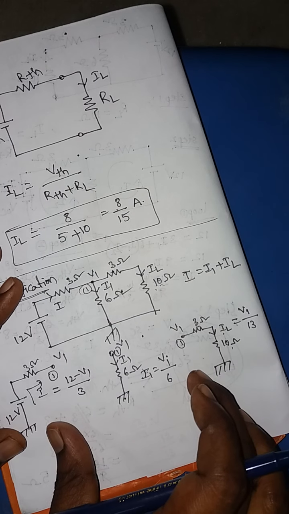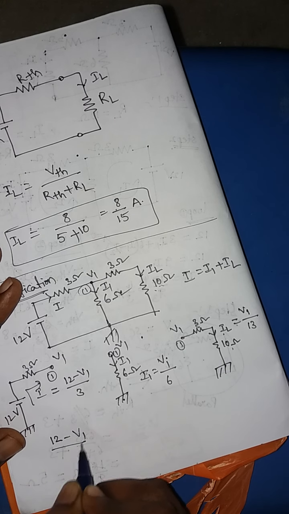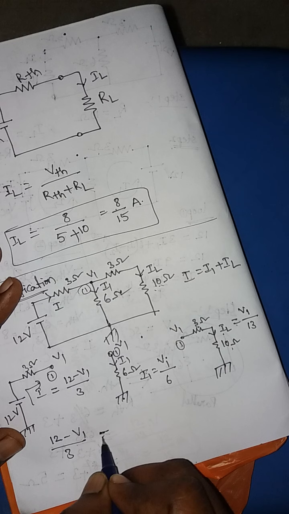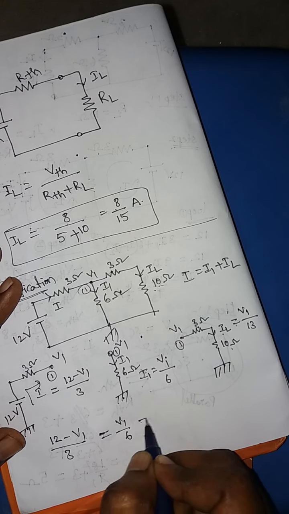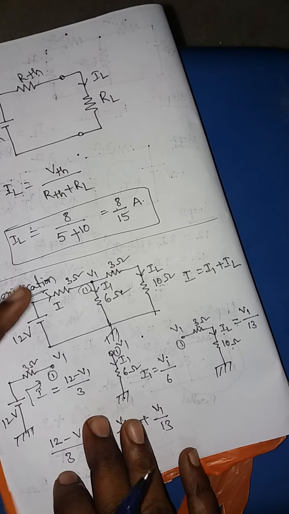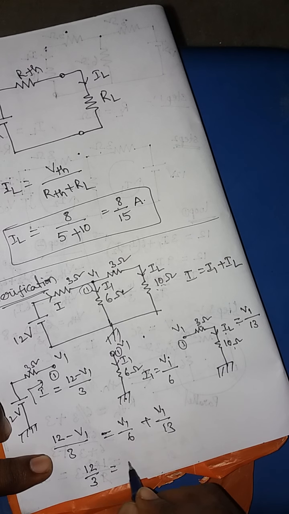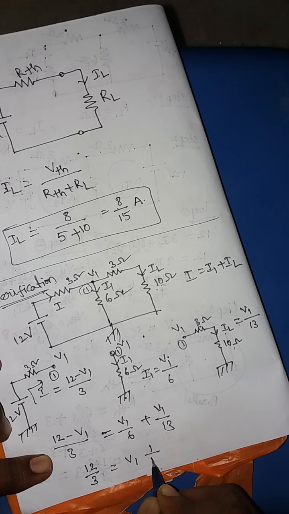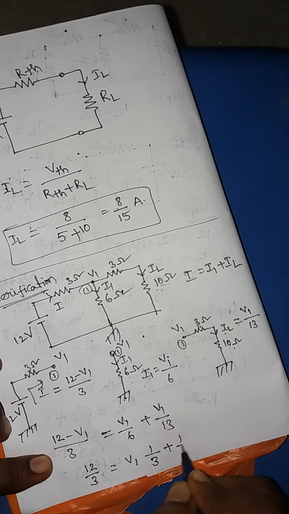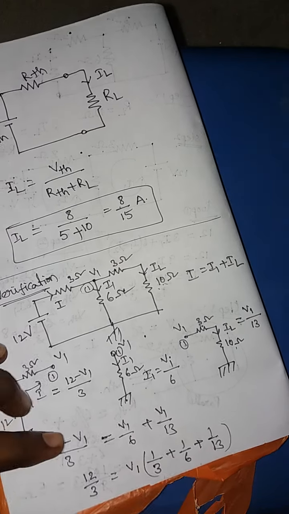Now we apply these three values in this equation. That is, 12 minus V1 by 3 is equal to V1 by 6 plus V1 by 13. That is 12 by 3 is equal to, if we take V1 common, 1 by 3 plus 1 by 6 plus 1 by 13. First let me finish.